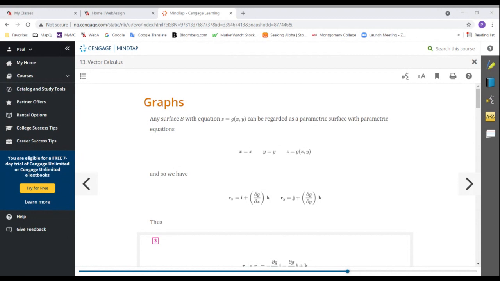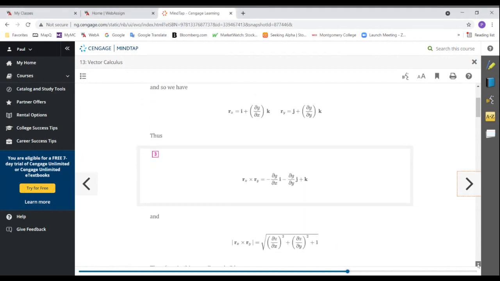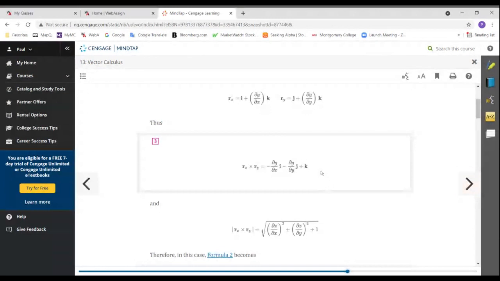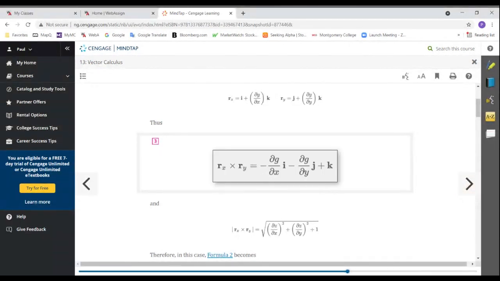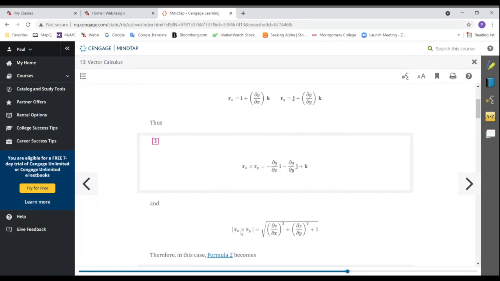If you do the cross product of those two derivative vectors, you'll get this cross product, and the magnitude, the length of that vector, would just be equal to the square root of the partial of z with respect to x squared plus the partial of z with respect to y squared plus 1.